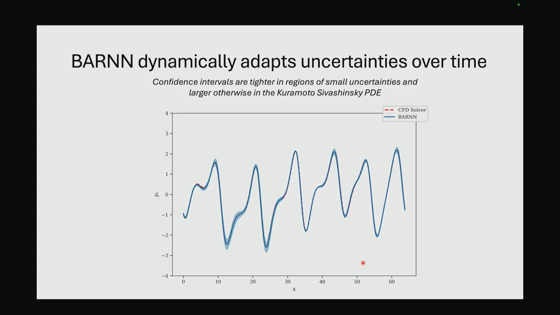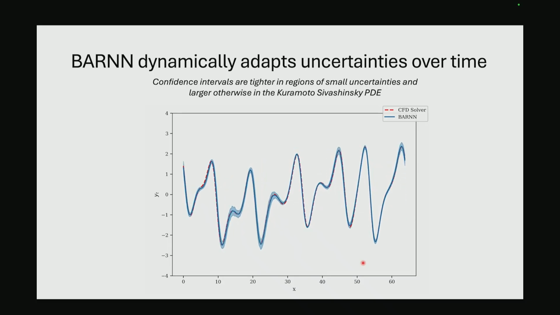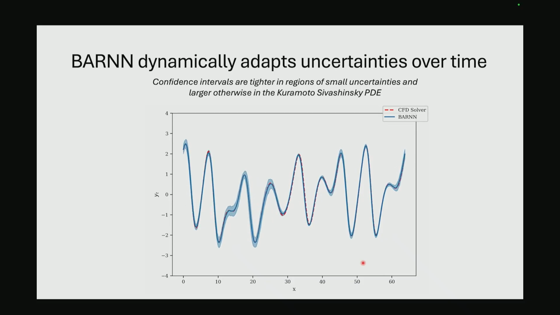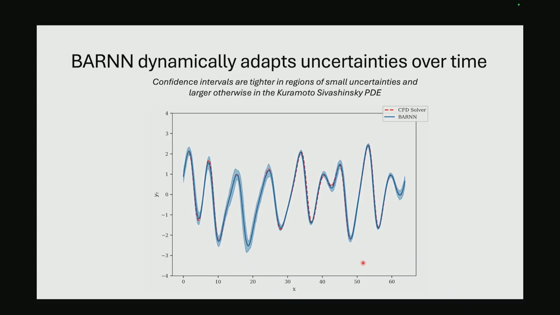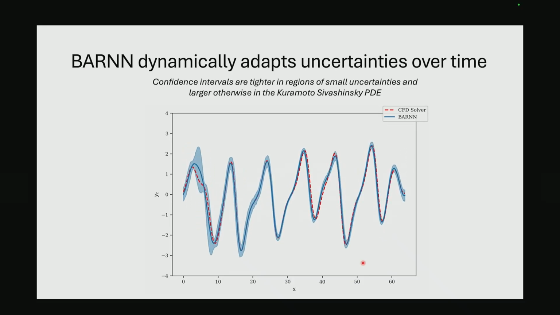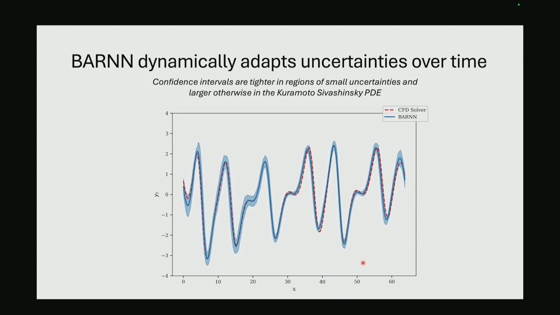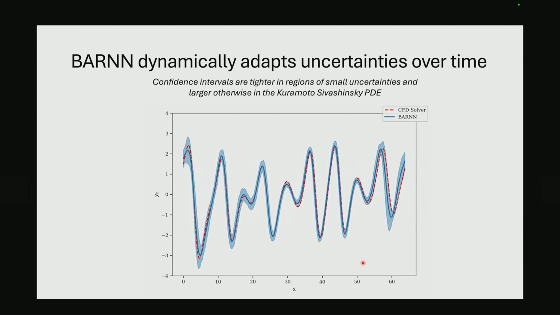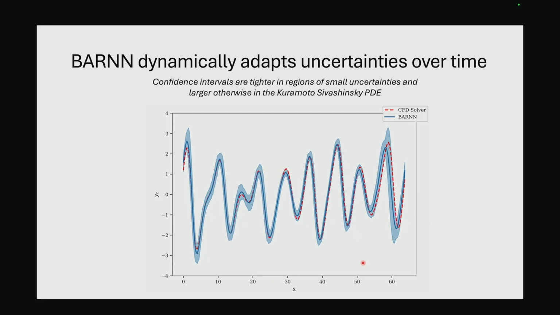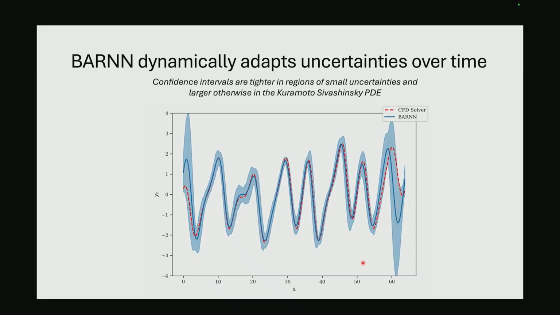But it's only doing it in places where it's actually starting to become wrong. In other places, it doesn't blow up the uncertainty. So it depends on X as well as on T. And it's very reliable. If we measure how well it does against ensembles, it's as good or better than ensembles.